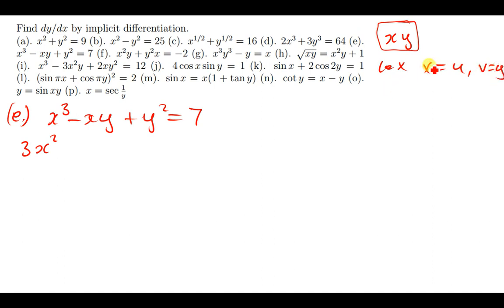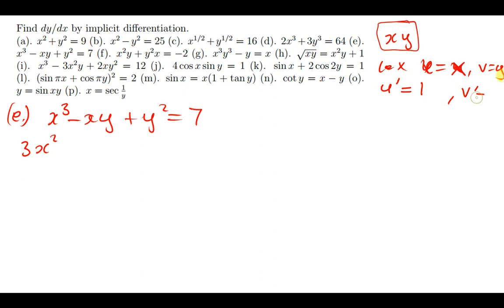I want to show you how to use the product rule in case you've forgotten. So the first thing that you need to do is to find u prime, which is just the derivative of x there, which is 1, and then you also find v prime.